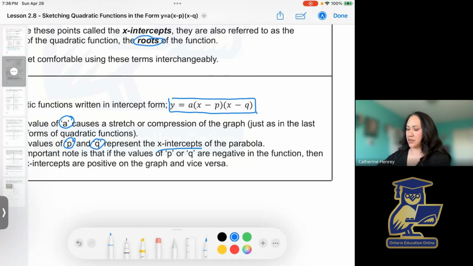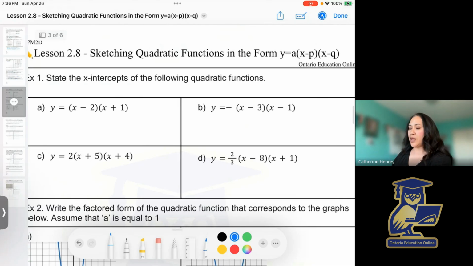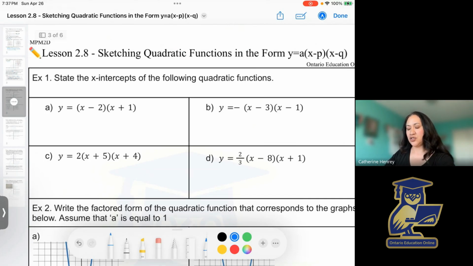So let's take a look at some examples. Pretty easy here. We have functions given in intercept form, and we want to state what the x-intercepts are. Remember that they are always opposite to the sign that's inside the bracket. So for a, y is equal to x minus 2 times x plus 1. One x-intercept is going to be 2, and the other x-intercept is going to be -1.